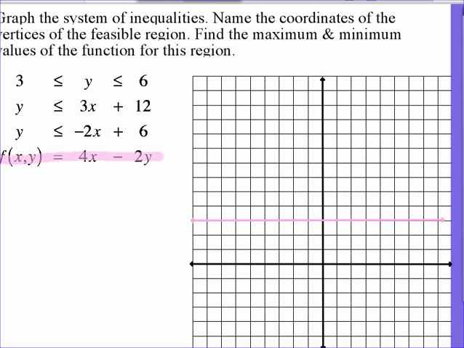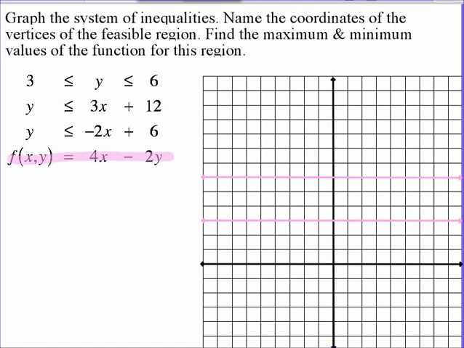There's your first line, at y equals 3. Your second line will be at y equals 6. From that inequality, they tell you that y is between those values, so you're going to shade in between.